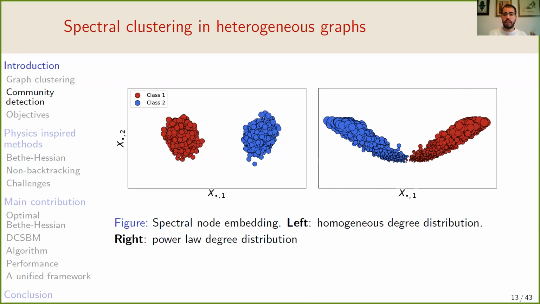What we have on the left happens on networks with a homogeneous degree distribution, which are not typically observed in reality, but is very good. Whereas what we have on the right is what we would typically observe on real-world networks, which is problematic because nodes that are similar are not necessarily mapped to nearby points in the feature space.